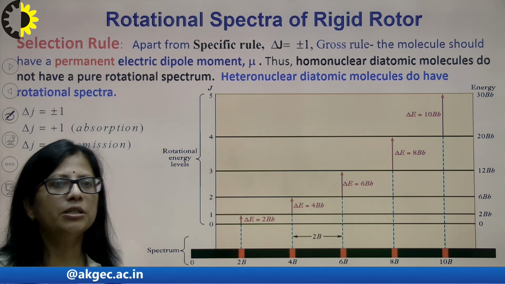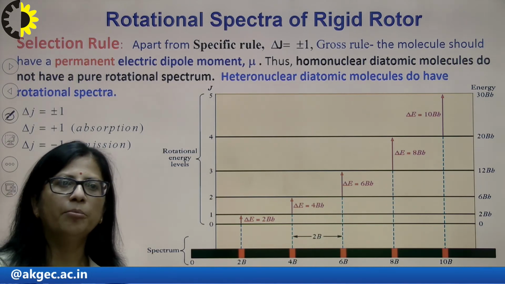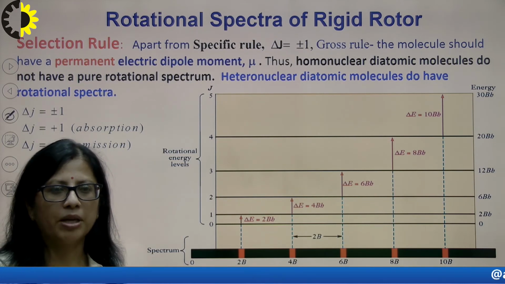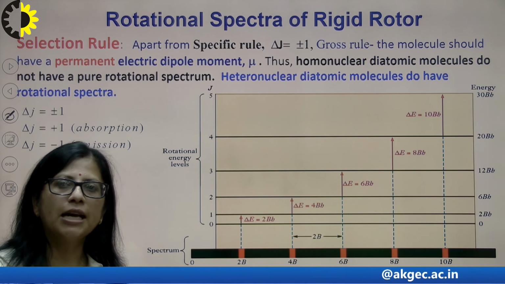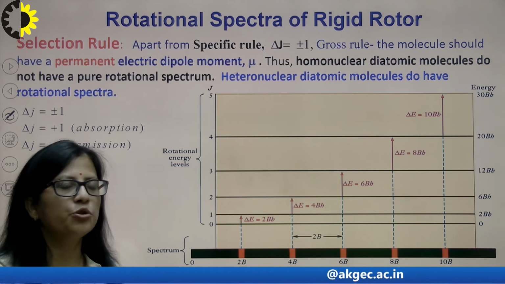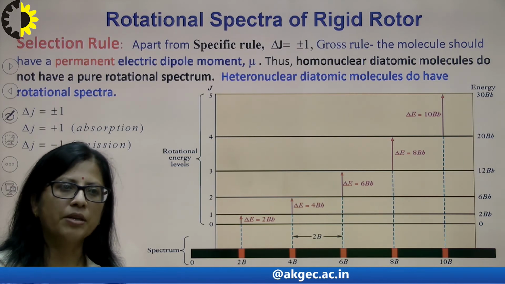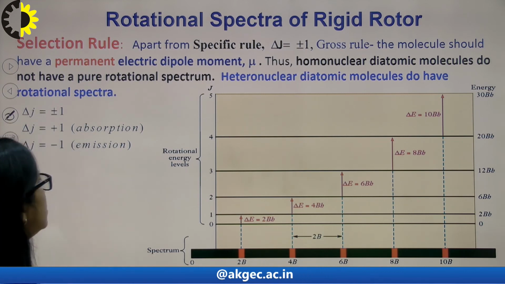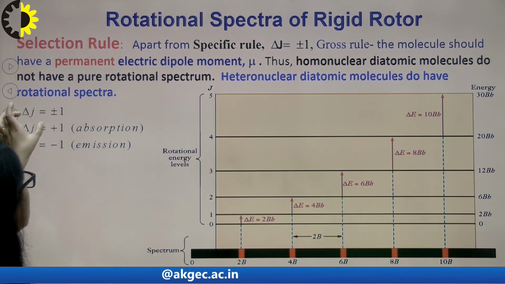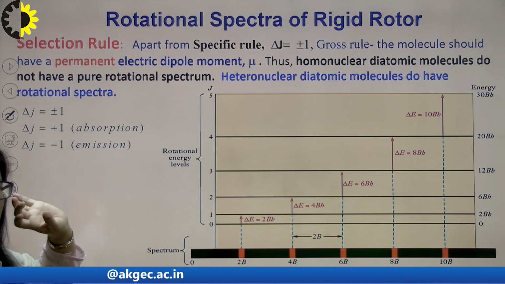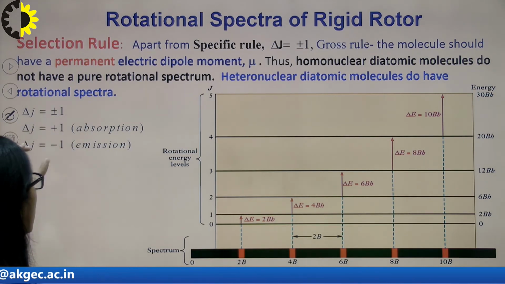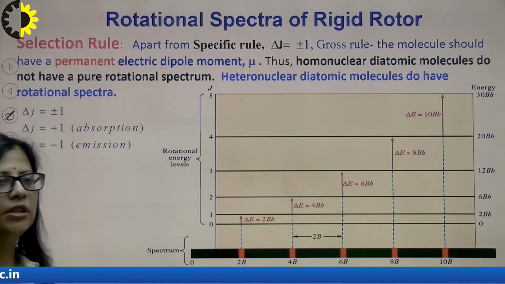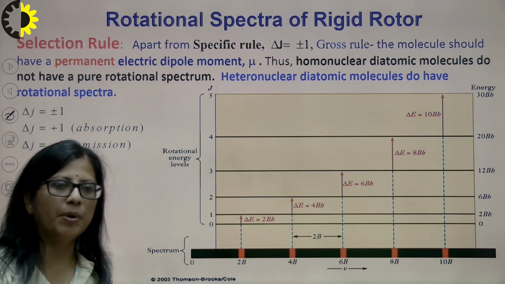Thus, homonuclear diatomic molecules do not have a pure rotational spectrum, whereas heteronuclear diatomic molecules are going to show the rotational spectrum. The allowed transitions are delta J plus minus 1: delta J is plus 1 for absorption, and delta J is minus 1 for the emission rotational spectrum.